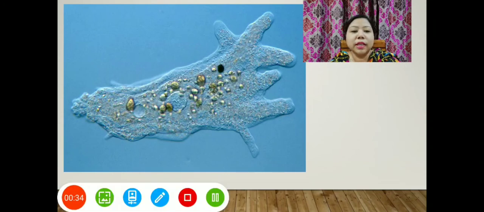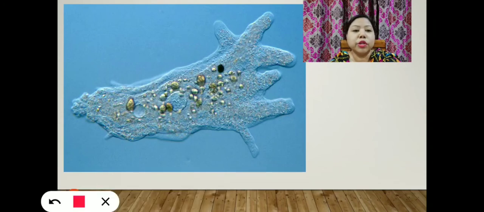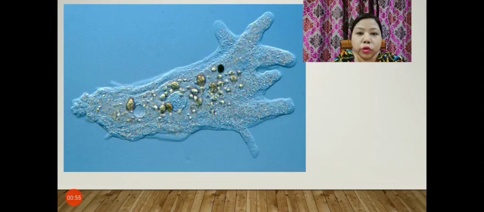You can see some projections protruding out of the cell. These projections are called pseudopodia. With the help of pseudopodia, it can move from one place to another by changing the shape of the cell. So the pseudopodia is also called false feet.